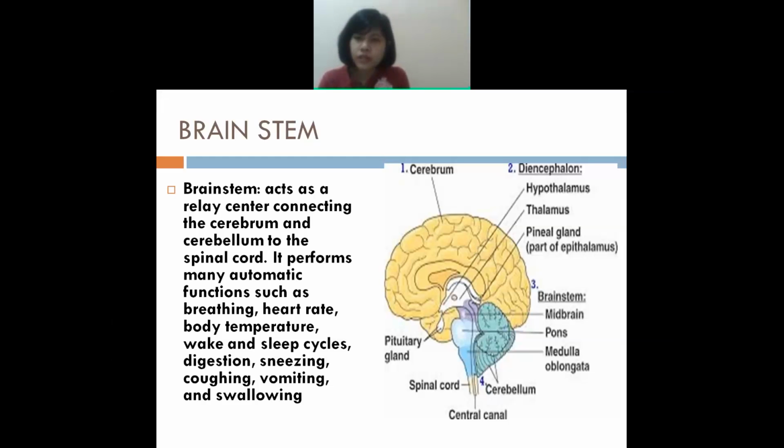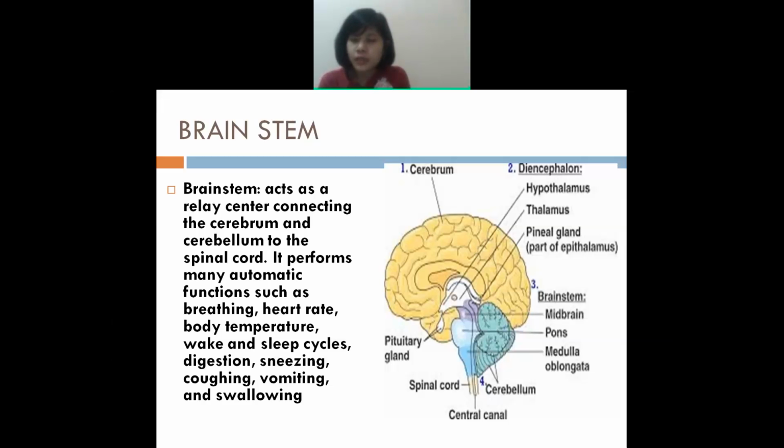And what does this brainstem do? It performs certain automatic functions, such as breathing. You are able to breathe because of the help of the brainstem. Next is heart rate.